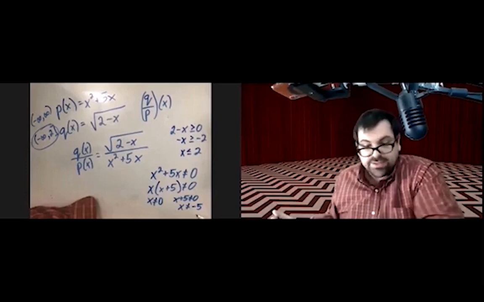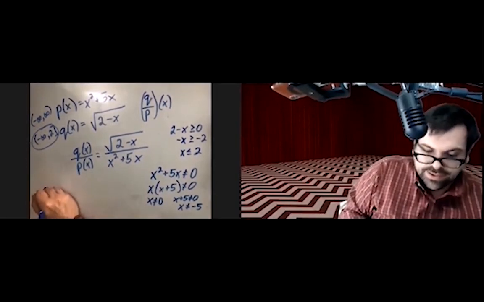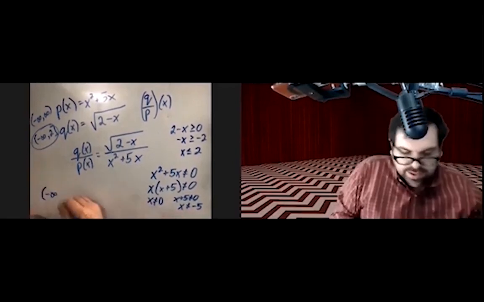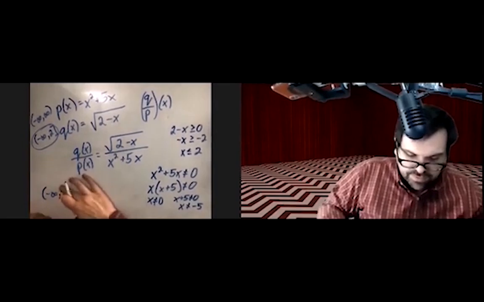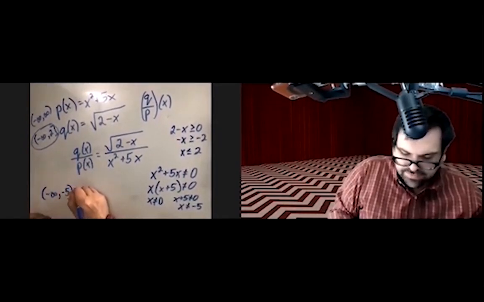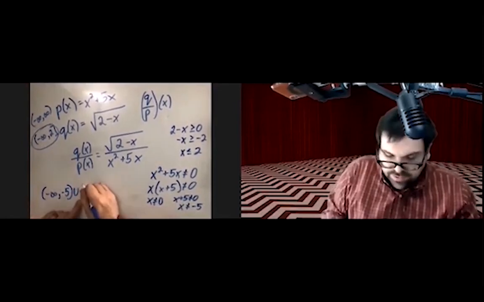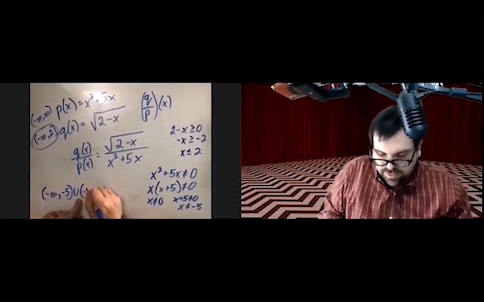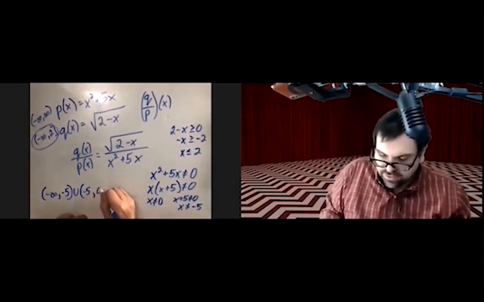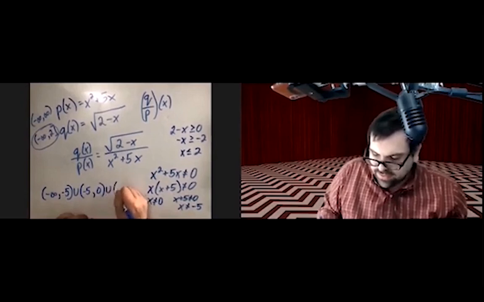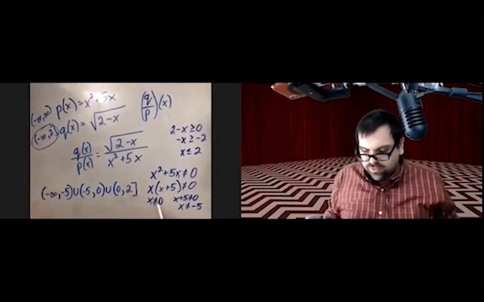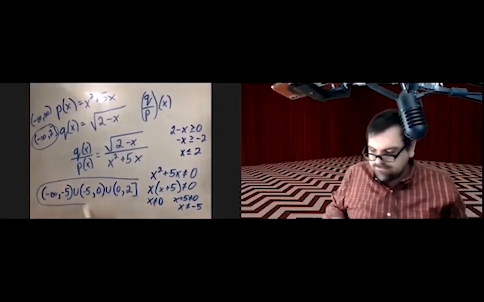So what does that give us? It gives us -infinity to -5. Rule out -5. So union, there we go. Then we keep going, -5 up to, but not including 0 because we're taking out 0. And then we can go all the way up to 2 and include 2, but this will be the domain.